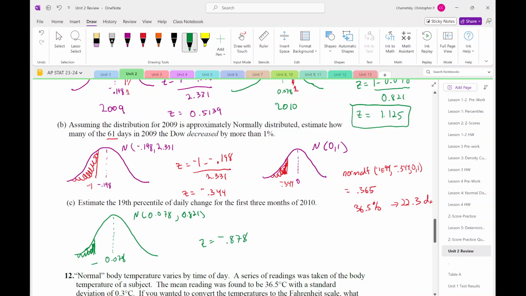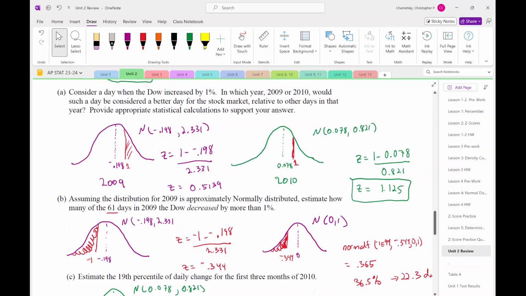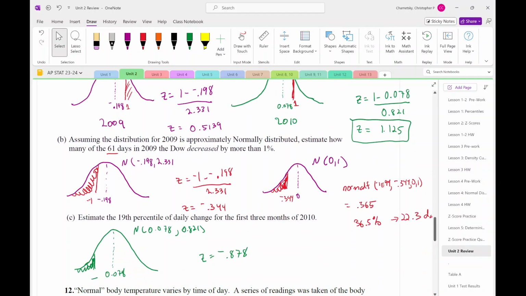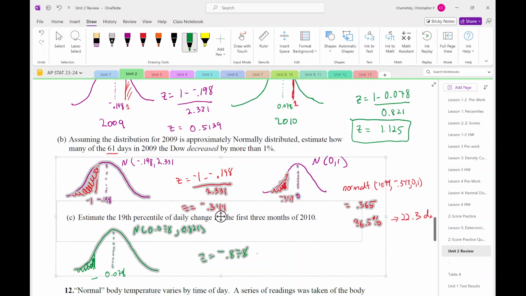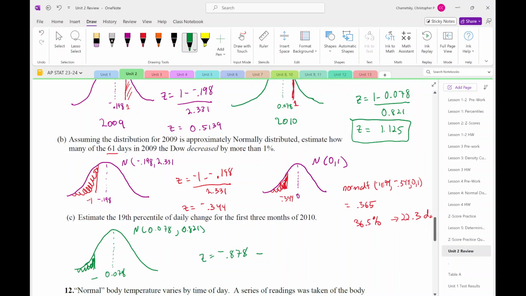And now I'm going to take that z-score and figure out what that would be in terms of an actual percent in our calculations. So that's going to equal the score minus the mean, which is 0.078, divided by standard deviation.